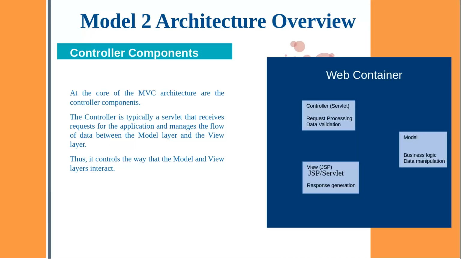So the response is in the view component, and from the controller, the response goes in the form of the view object, that is the JSP page. So the control of managing the model and the view layers is in the hands of the controller. That is the controller's job.